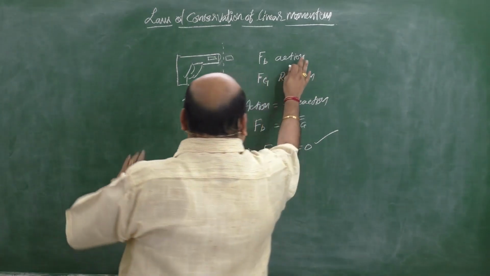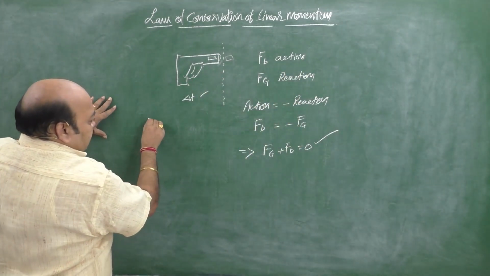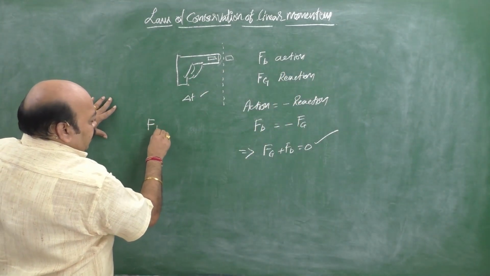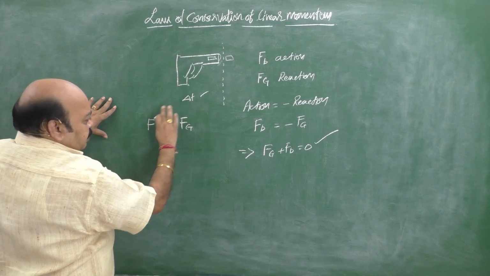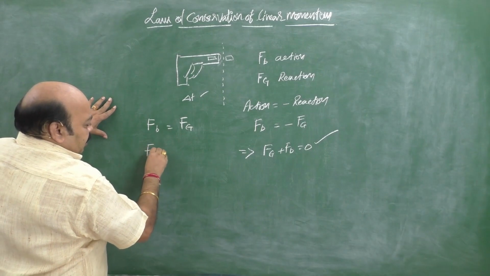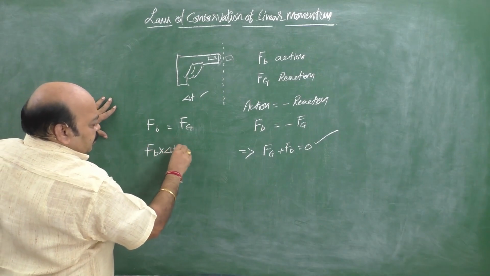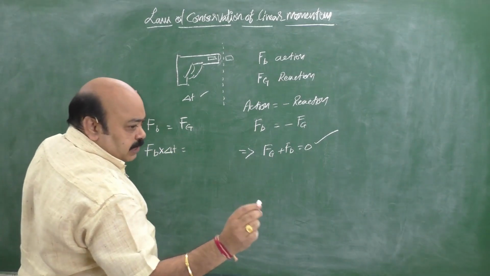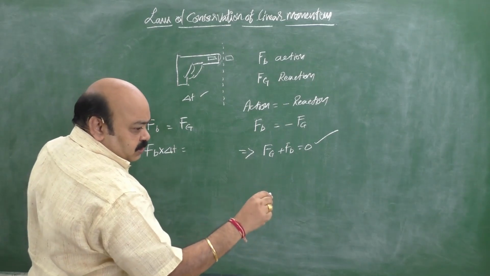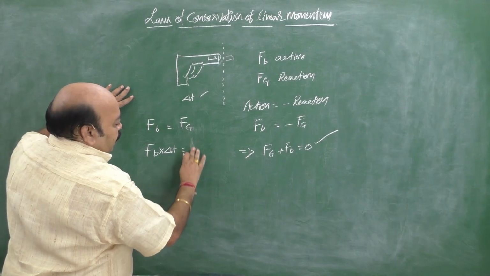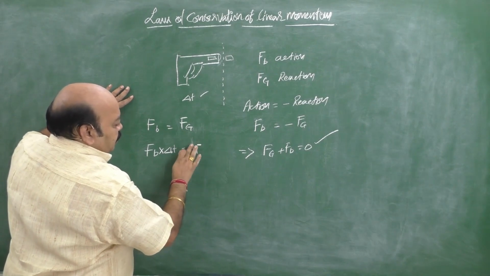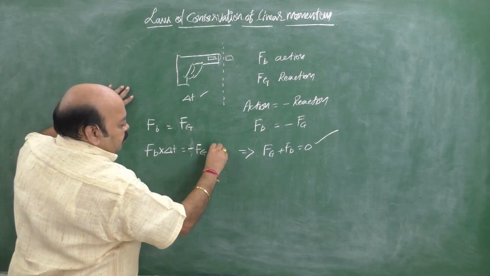That means we can write Fb is equal to minus Fg. Since time is the same on either, Fb into delta t, where delta t is the time of action of force, is equal to minus Fg into delta t.